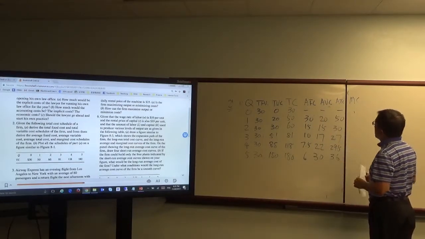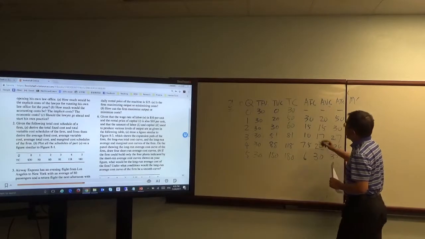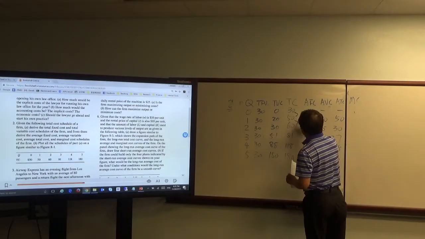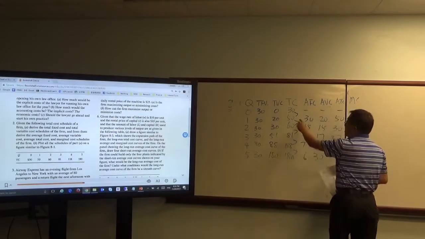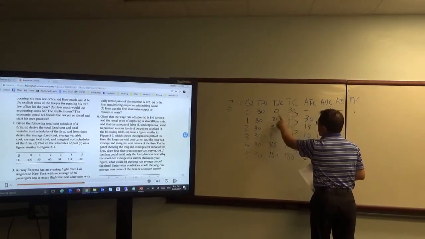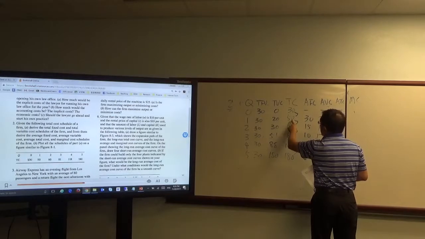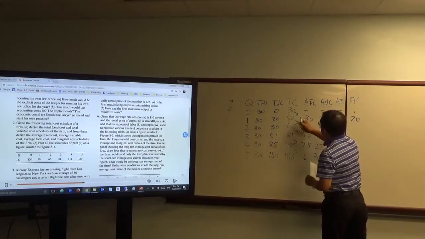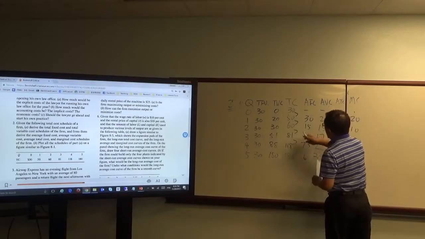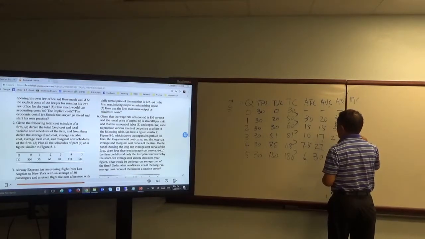And the marginal cost, we take a difference. If you produce nothing, the total cost is 30. If you produce 1 unit, the total cost is 50. So the marginal cost is 20. And the marginal cost is 10. Marginal cost is 21.